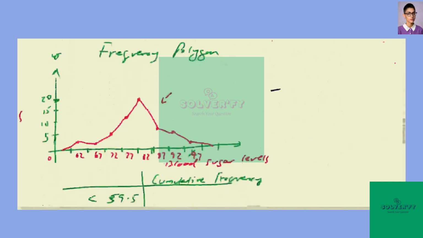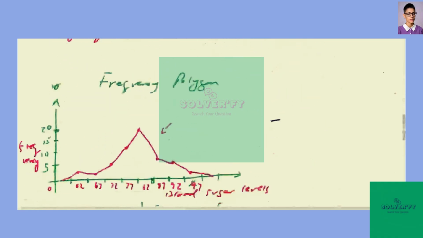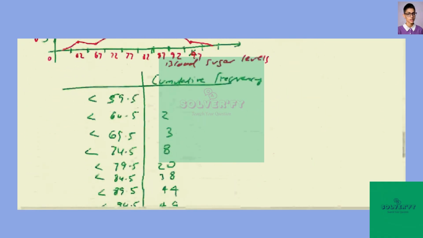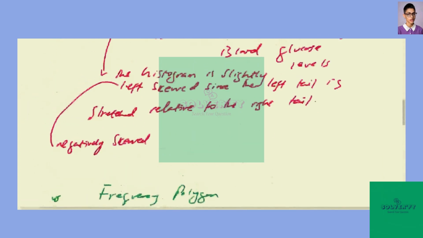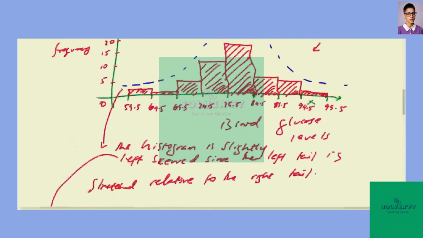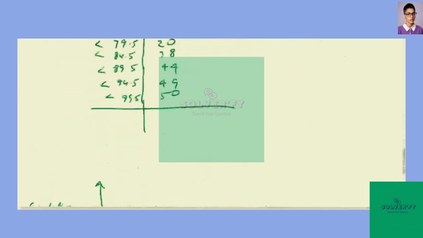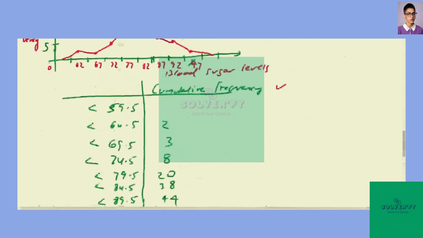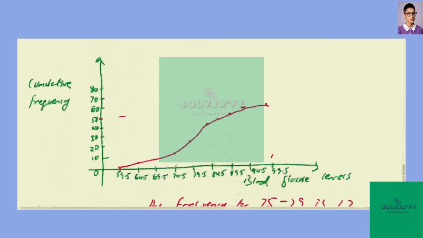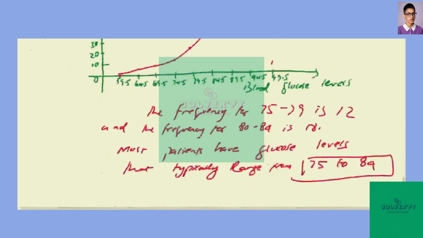Besides the frequency polygon, we built a cumulative frequency table, and from the table, we built an ogive, and determined the range to be between 75 and 84 for most of the patients.